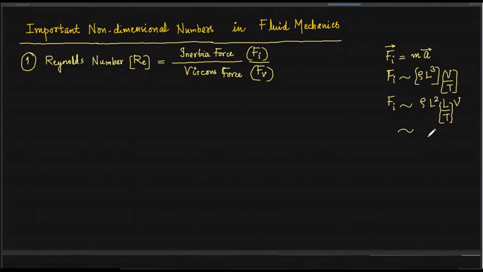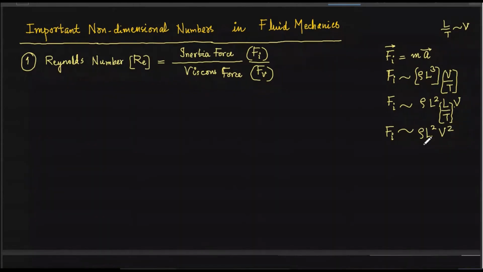Therefore inertia force Fi is of the order of rho L square, then L by T into V. L by T is also V, so V into V. Basically the dimension L by T we use for the velocity V. Therefore rho L square V into V, that is V square.